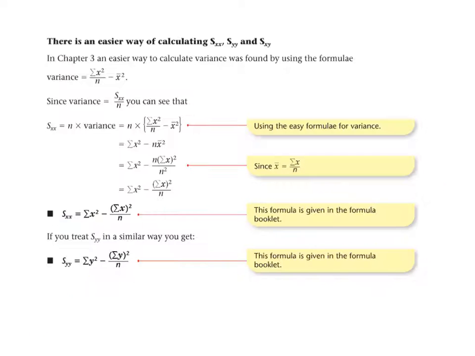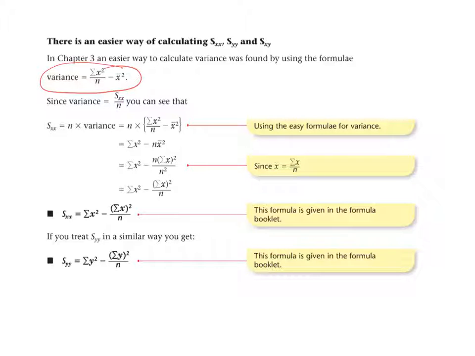Let's move on to example 5. Once we've looked at an easier way of calculating SXX, and the same for SYY and SXY, just as we did before, we found an easier way of actually calculating the variance, and it's an awful lot easier.